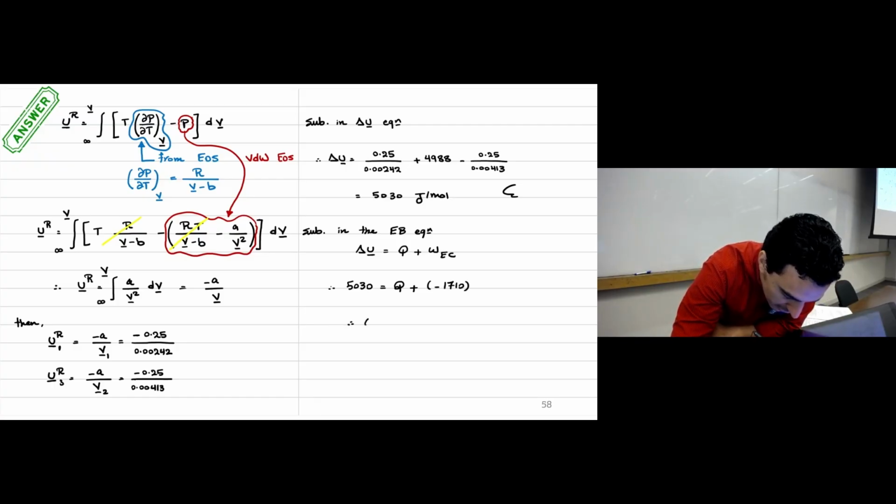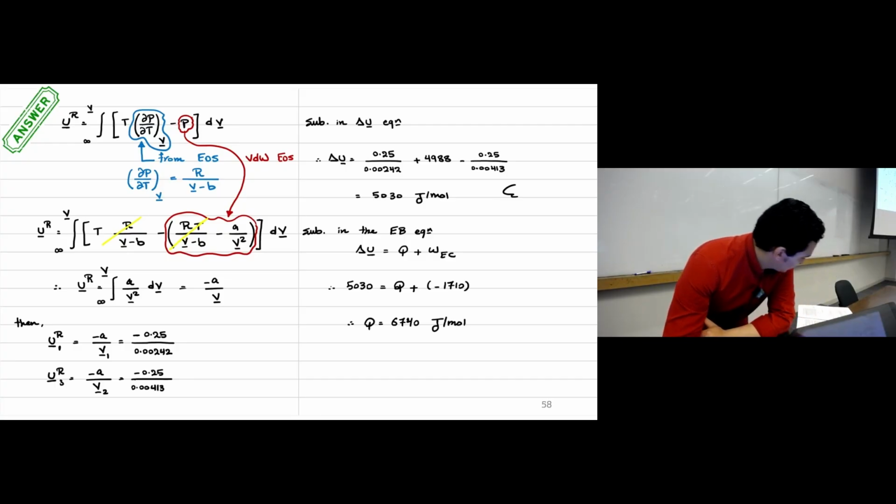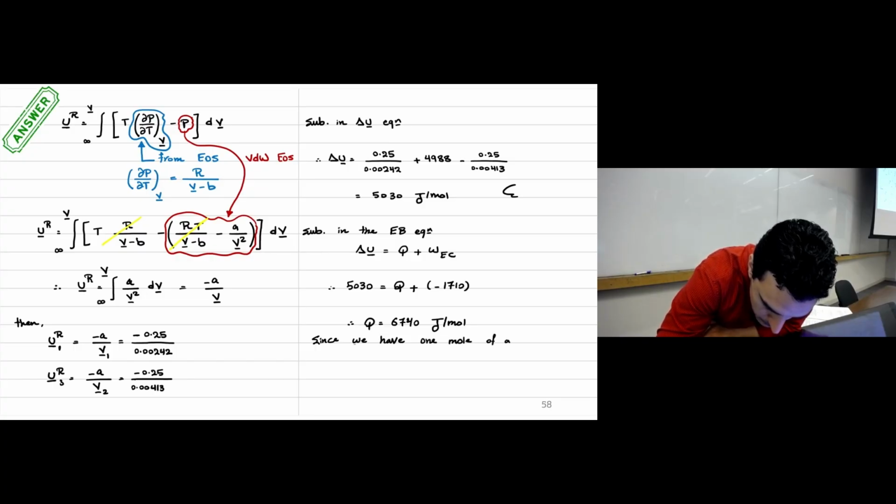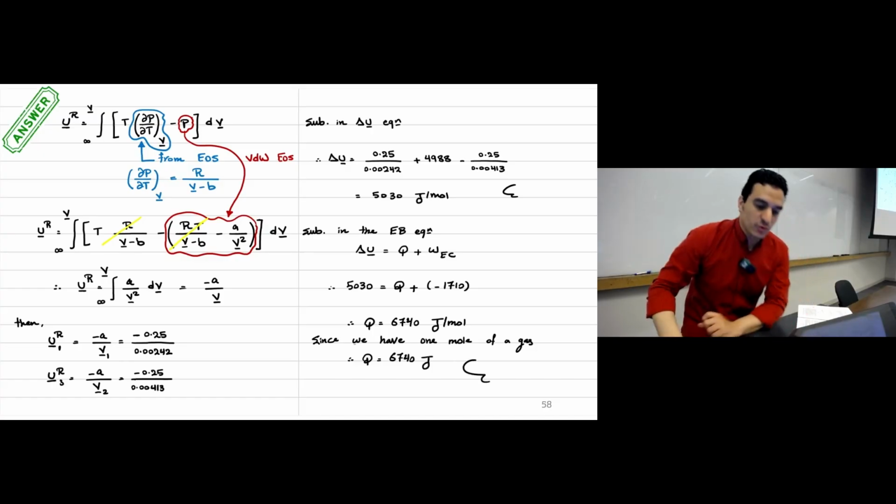From this equation, we can find Q. The amount of heat is 6740 joule per mole. And since we have only 1 mole, Q will be 6740 joule, and this is what we need to find.